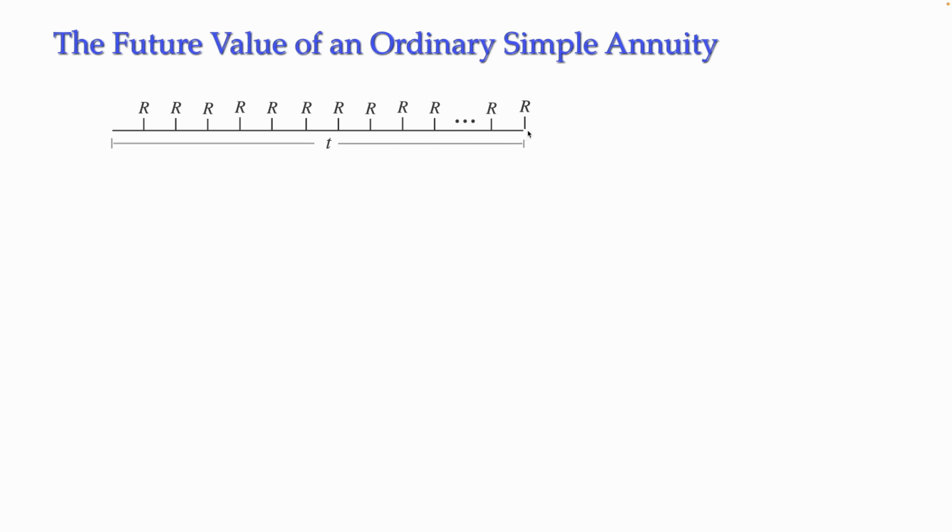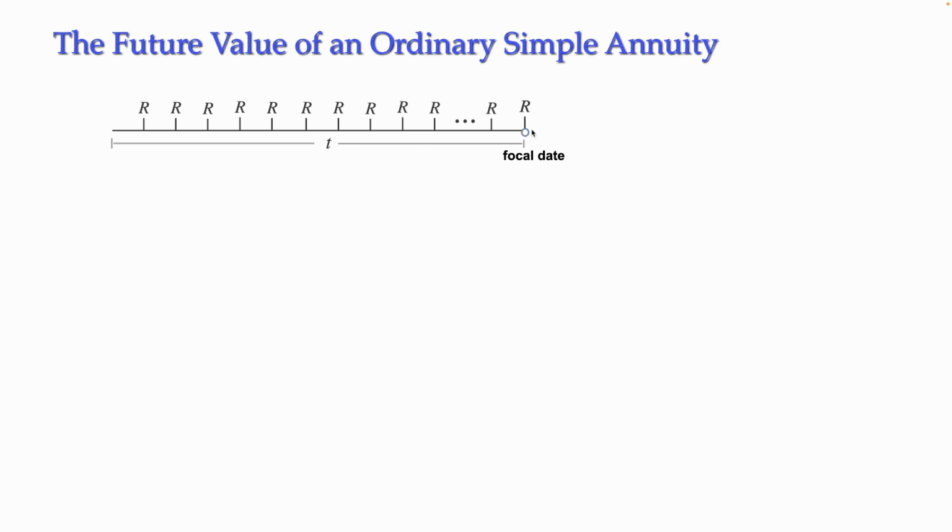So the future value of the annuity will be the value of the annuity at the end of the last payment period. What we are going to do to compute the future value is use this point as a focal date, the last moment of the last payment interval, to compute the value of all these payments. So that will be the future value.